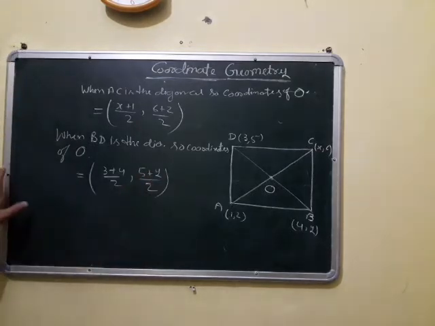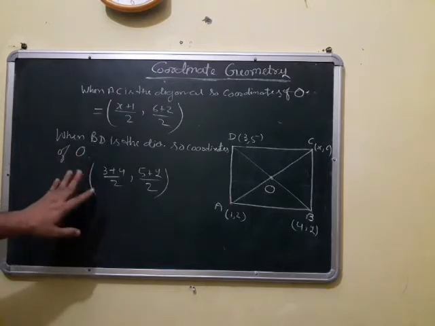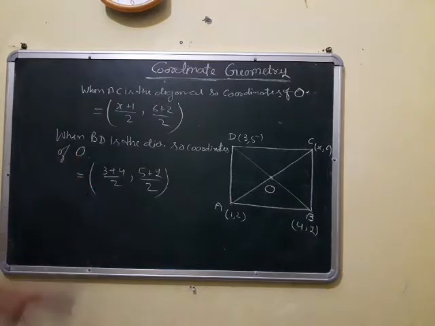These are the coordinates of O when BD is the diagonal and O is the midpoint. As O is the midpoint of AC and BD both.